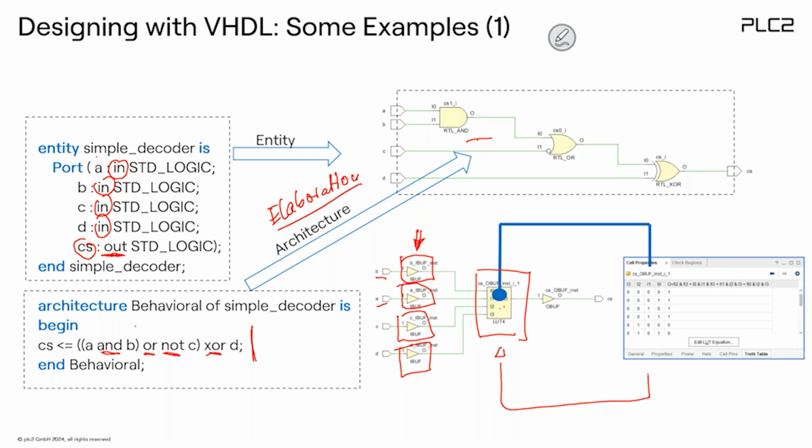These are the 4 inputs representing A, B, C, D, and this is the output O, the output chip select. If you take your time and just analyze this statement here, and then draw your truth table for this, you will get exactly this. So this is actually the truth table for this function.